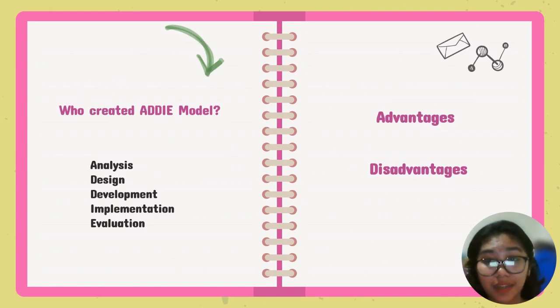So these are the topics that we will later tackle. First is who created the ADDIE model, and we will discuss one by one the analysis, the design, the development, implementation, and evaluation, and the model's advantages and disadvantages.